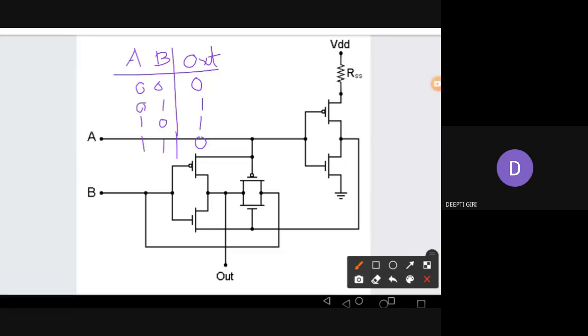So which gate is this? Which logical gate are we discussing? You can type and see.